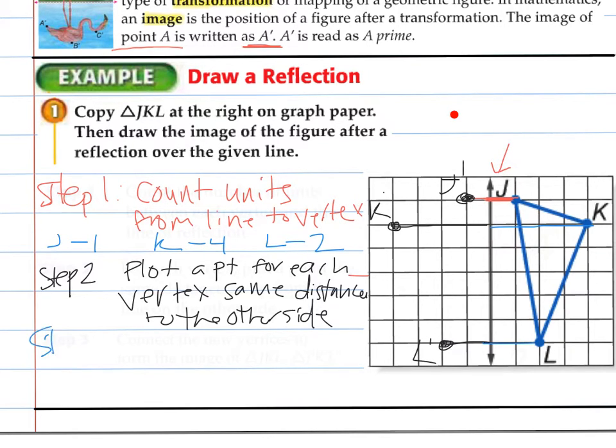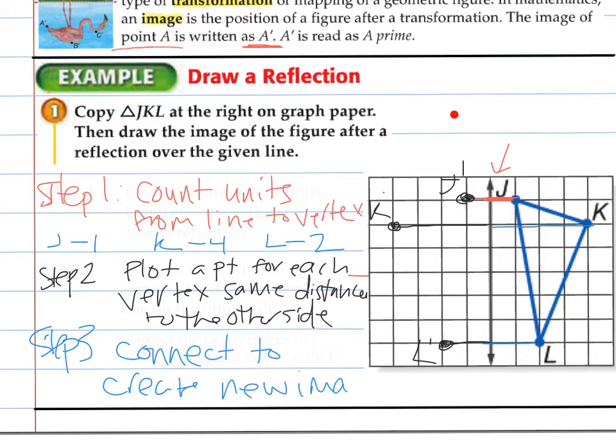Then step 3 is just to connect the new vertices to create your new image, triangle J prime, K prime, L prime. Notice how it's the same congruent figure, just reflected, flipped to the other side.